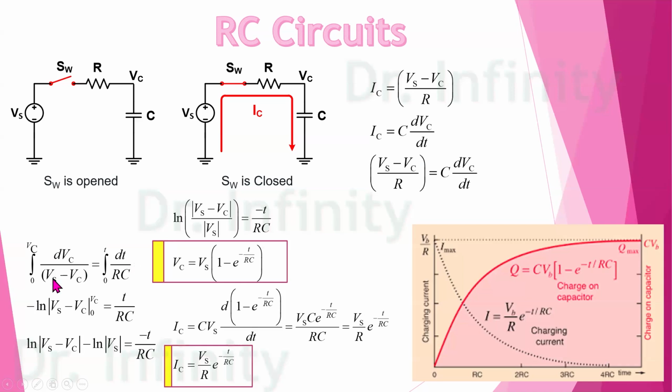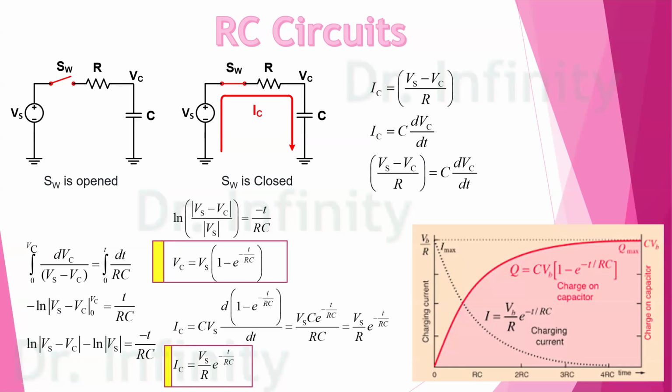So this expression equals the integral from 0 to t of dt over RC. RC is constant, and this constant we call the time constant. After integrating this one, we can add the limits. When we integrate 1 over x, it gives ln x. Here, 1 over Vs minus Vc gives minus ln of Vs minus Vc. This is the absolute value, okay?